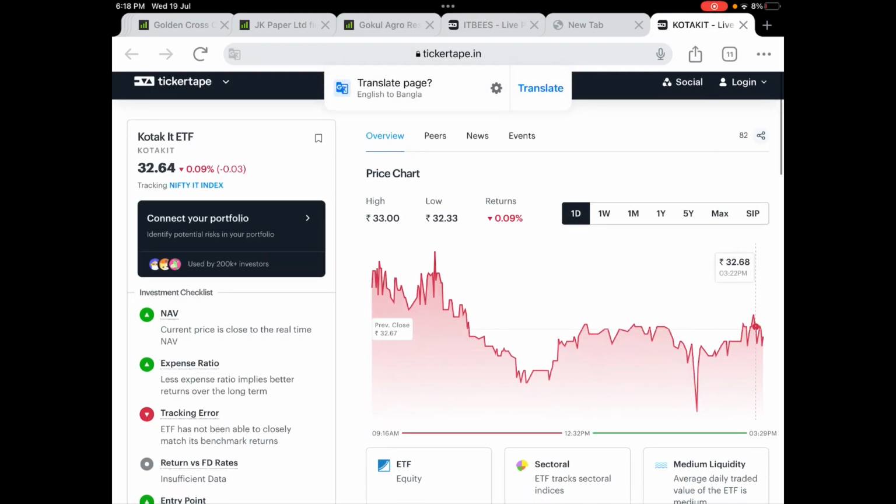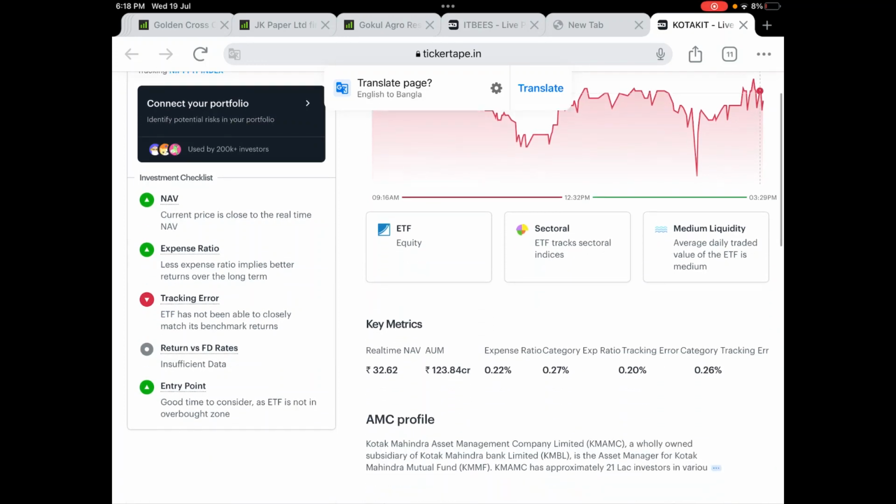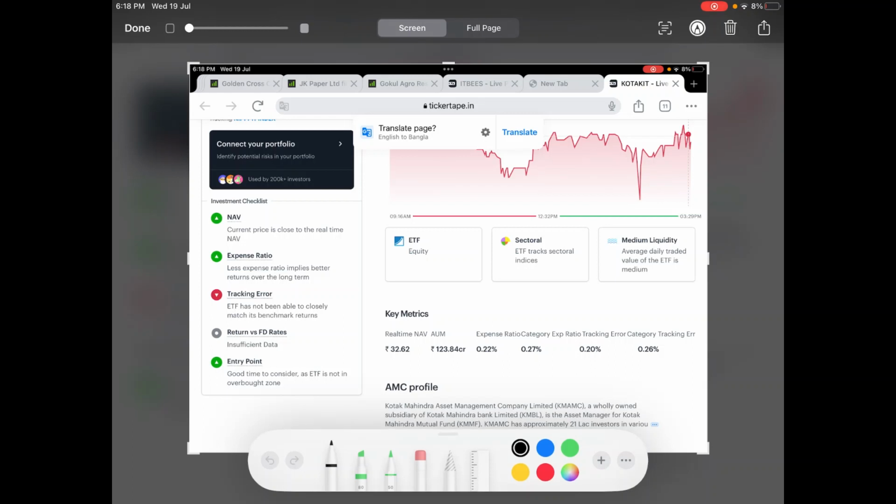So see, it says that it is tracking the IT index, and here also, this is what I was talking about. See, it says medium liquidity, right? So we should avoid considering these ETFs in the starting, because ETFs are not yet very familiar in India. It's an outside concept, and slowly in India people are adopting it. So we should always go for high liquidity ETFs, right?